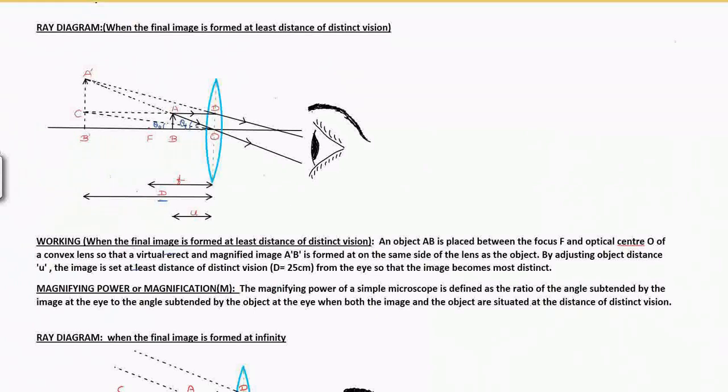Now, the magnifying power or magnification of a simple microscope when the image is formed at the least distance of distinct vision. This is the definition of magnifying power.